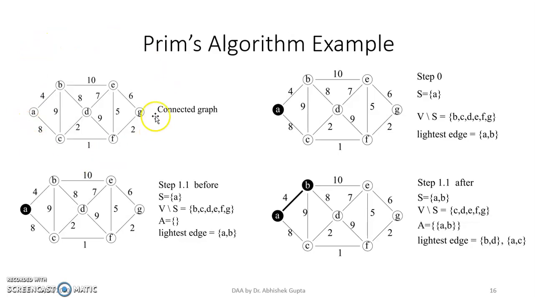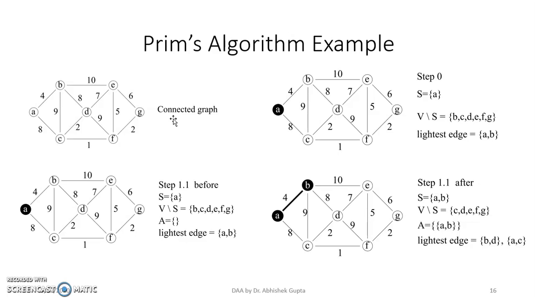So consider this graph, and you have to apply Prim's algorithm for finding the minimum spanning tree, right? First you need to see where you start. Sometimes in the question it is written that you have to start from node A, B, C or any one, or if it is not written then you can start from a node of your choice, right?